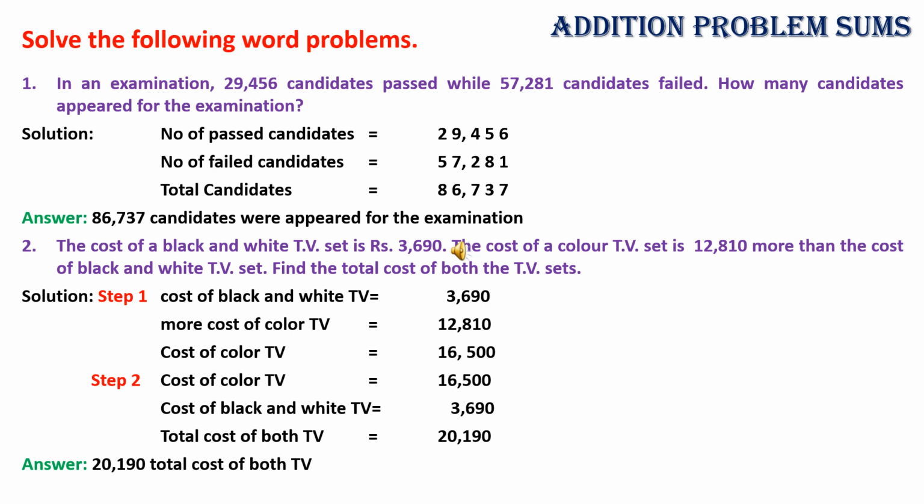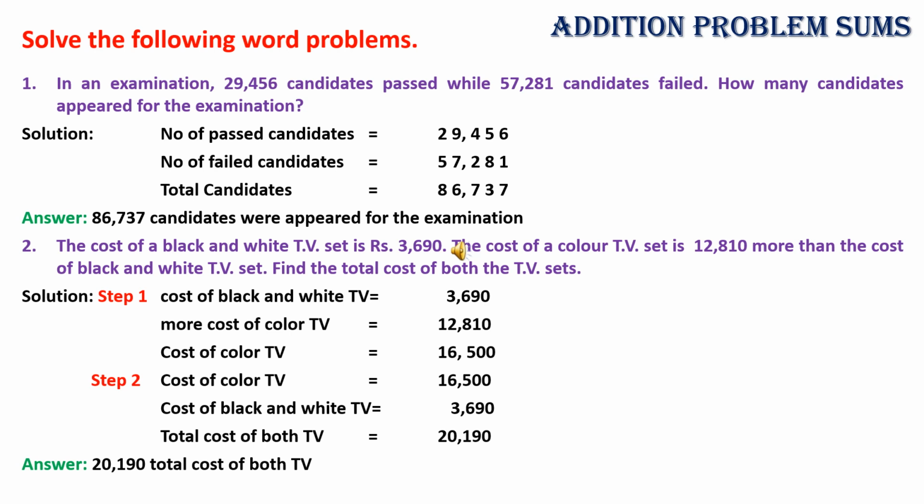The cost of color TV is 12,810 more than the cost of black and white TV. Find the total cost of both the TV sets. So first you write the cost of black and white TV, that is 3,690.